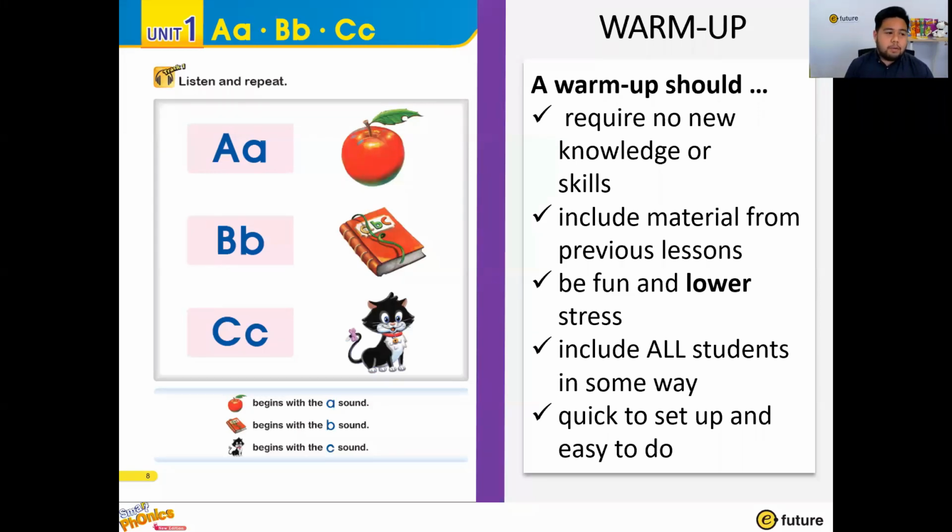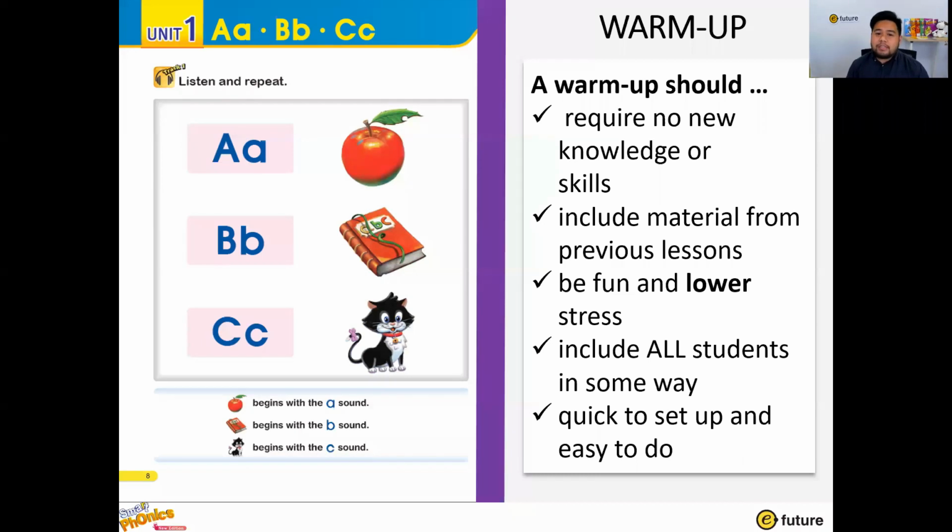And in my opinion, it is one of the most important because it sets the tone for your lesson to your students. Looking over these points, the main one that I bolded here is to be fun and lower stress.